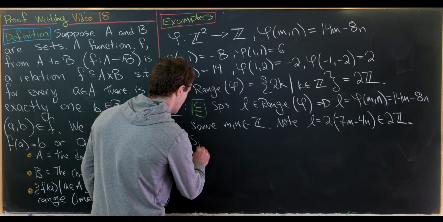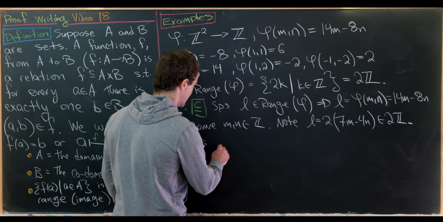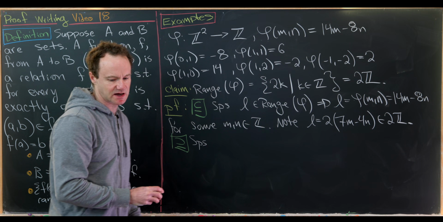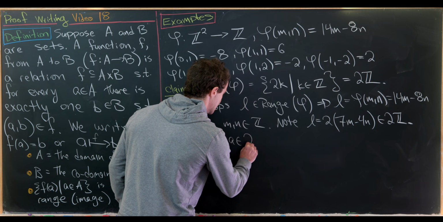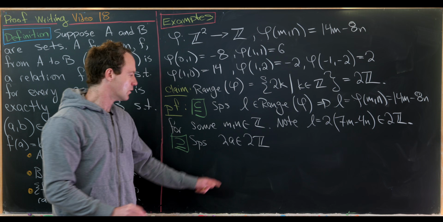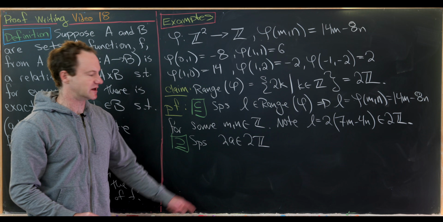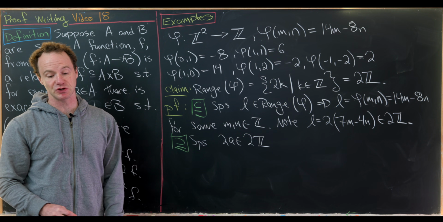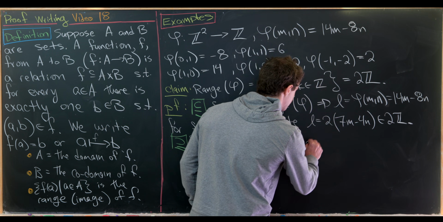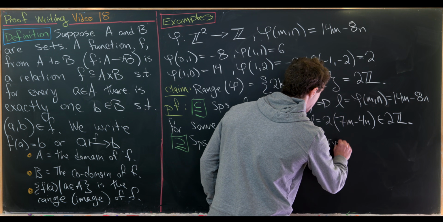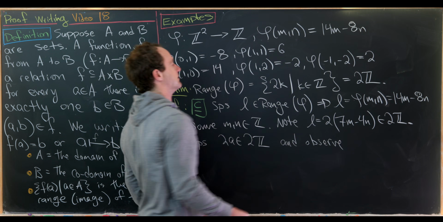So let's suppose that we have a number, what should we use this time? Let's maybe use 2a, which is in 2Z. Well, remember 2Z, that's all even integers, so that means it's of the form 2 times a. And then let's observe the following calculation, which can be motivated by this up here.